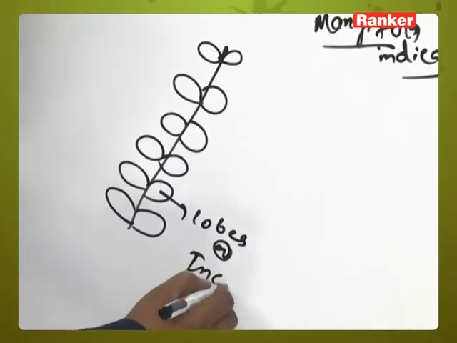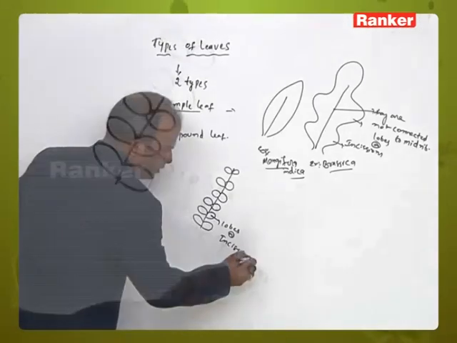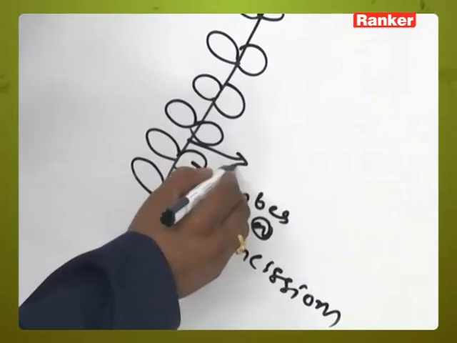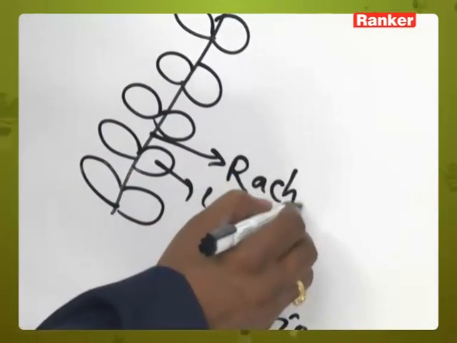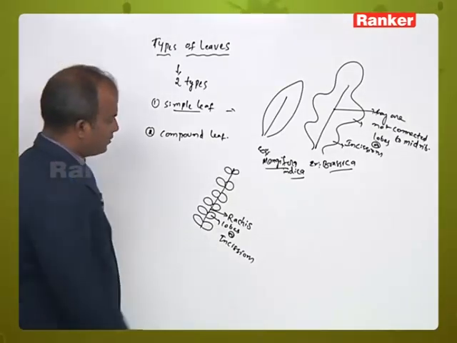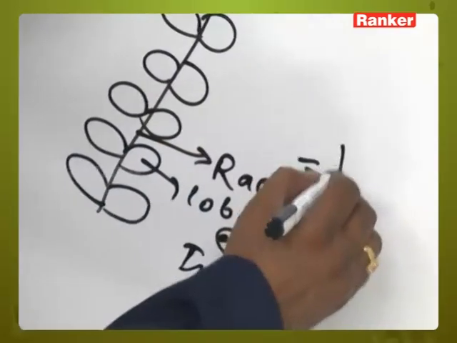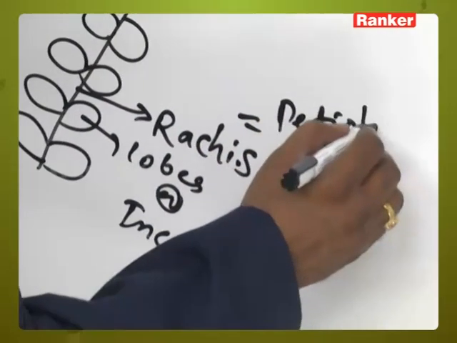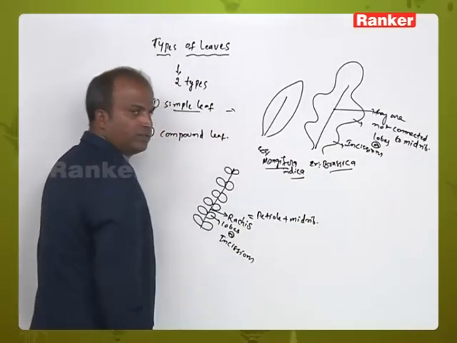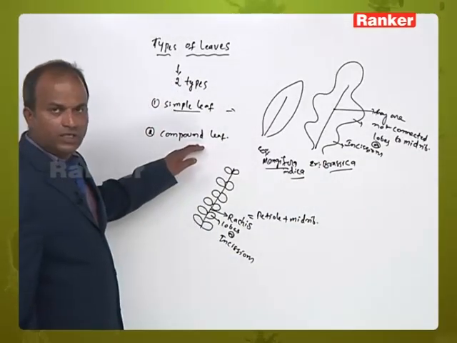It shows incisions or lobes attached to the rachis. What is meant by rachis? Rachis is equal to petiole plus midrib. So this leaf is called a compound leaf.